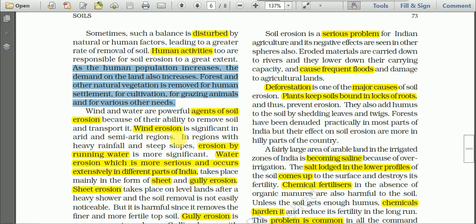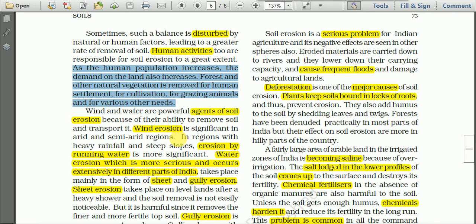Forests and other natural vegetation are removed for human settlement, for cultivation, for grazing animals, and for various other needs. Okay. So when this vegetative cover is removed, then there will be erosion and soil degradation.